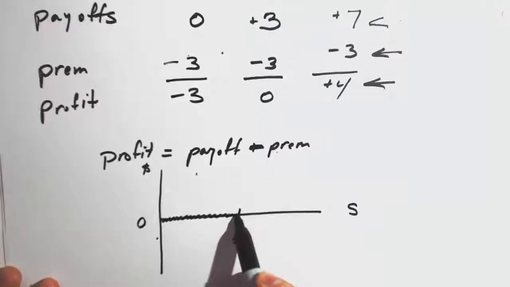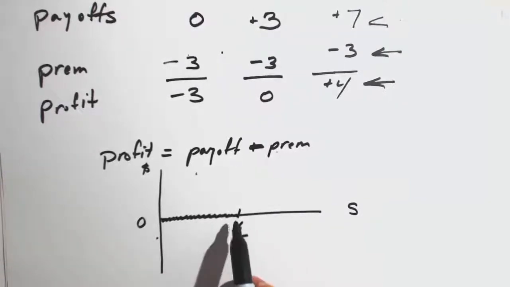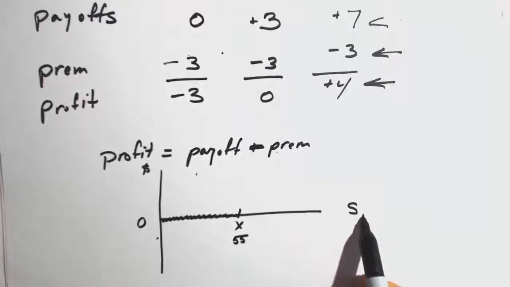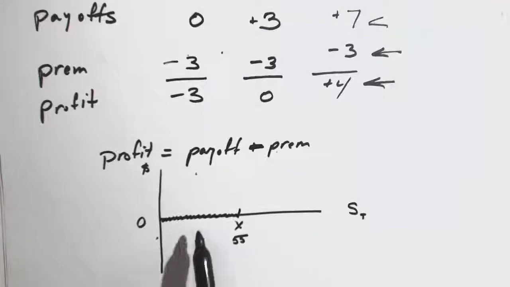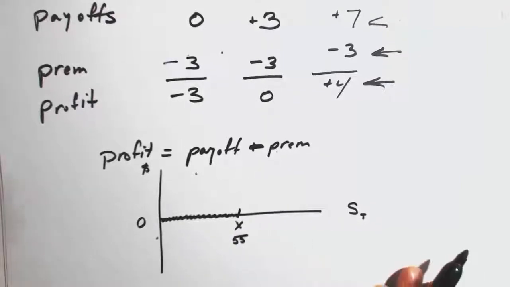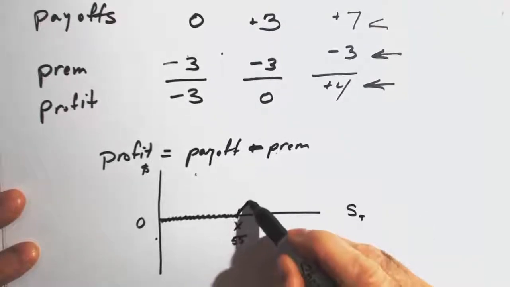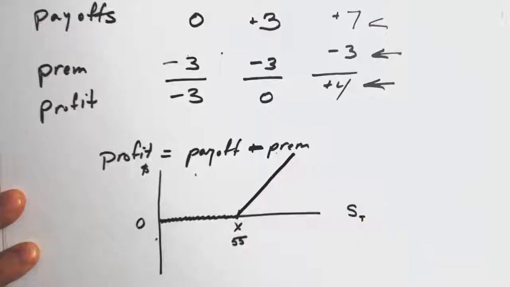Right here, it's on this line. The option was out of the money. And by the way, this should be a capital T, the stock price at expiration. The payoff is 0 if the option's out of the money, and then the payoff line looks like this.